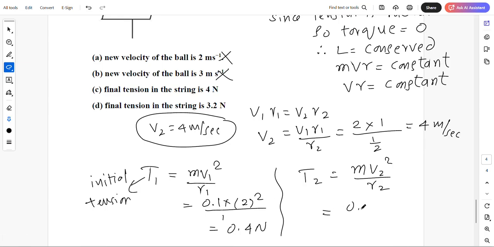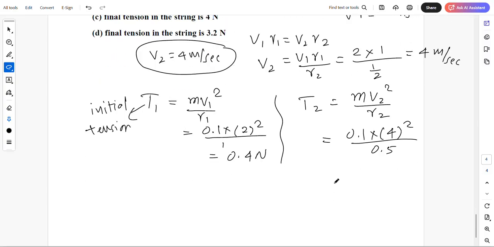T2 is equal to m, which is 0.1, V2 which we just got as 4, the whole square, divided by R2, which is 0.5. So that is 0.1 into 16 divided by 1 by 2, that is 0.1 into 16 into 2.